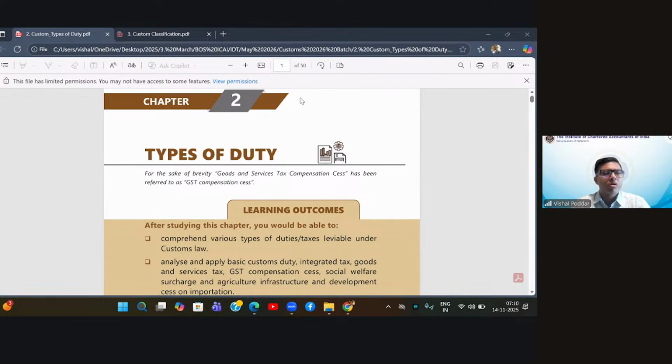However, subject to certain conditions and restrictions, we can impose certain duties to provide a protection, a shield for our domestic industries and domestic markets, and make our domestic products competitive.